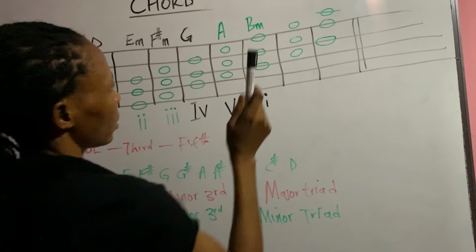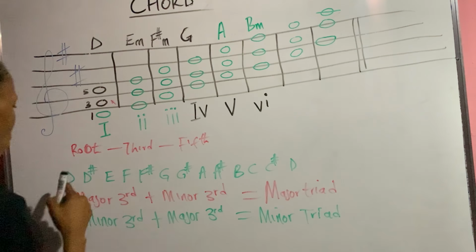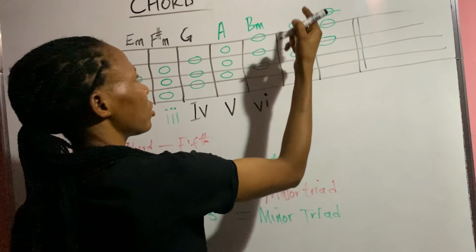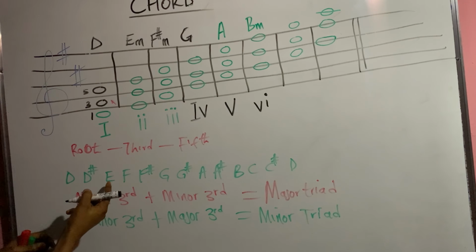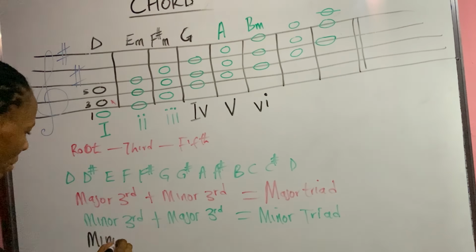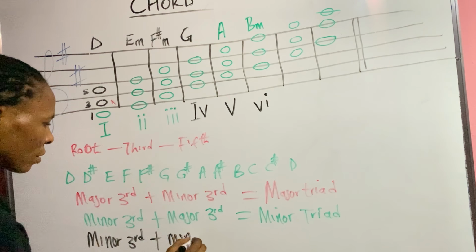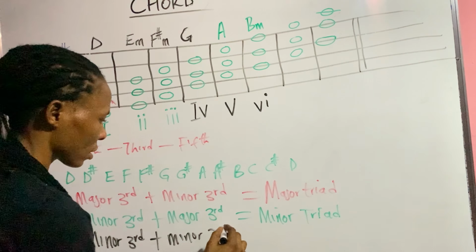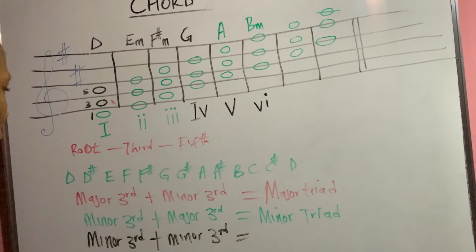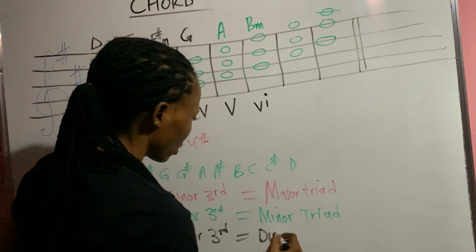Then let's see the next one. C sharp to E, 1, 2, 3. It's a minor third. Then E to G, E, 1, 2, 3, minor. So that means we have another one: minor third plus minor third. When you have minor third and minor third, this is going to give you a diminished triad.